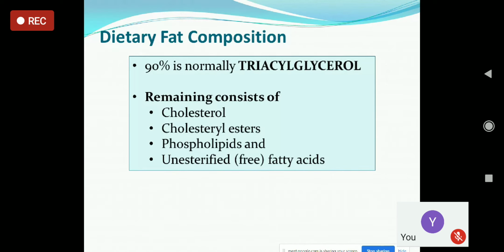In the first year, you've studied about cholesterol, cholesterol esters, and phospholipids as well. So you know how triacylglycerol is made and what it is composed of. So this is our dietary fat composition: 90% triacylglycerol, and the remaining other lipids: cholesterol, cholesterol esters, phospholipids, and free fatty acids.